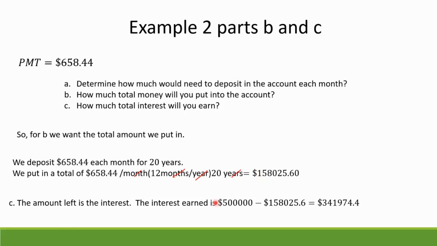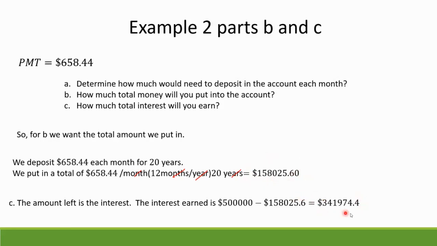Okay. And whatever is in the account that didn't come from us came from the interest. So we subtract just like before, right? We know there's $500,000 in there. Again, this is all after 20 years. This came from us. So we subtract that off. And whatever is left over was the interest.